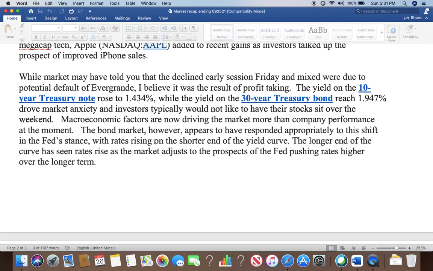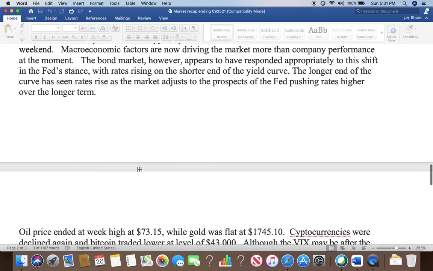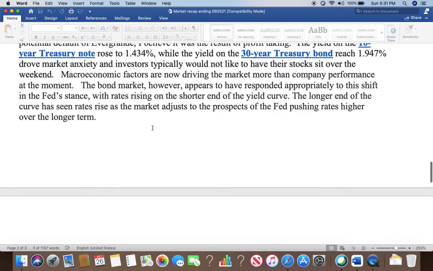The other factor is that the yield on the 10-year Treasury rose to 1.43%, while the yield on the 30-year Treasury bond reached 1.947%. This also gave some investors anxiety about what will happen next. The bond market, however, appears to have responded appropriately to this shift in the Fed stance, with rates rising on the shorter end of the yield curve. The longer end of the curve has seen rates rise as the market adjusts to the prospect of the Fed pushing rates higher over the long term.